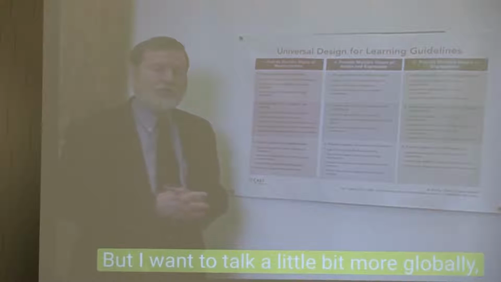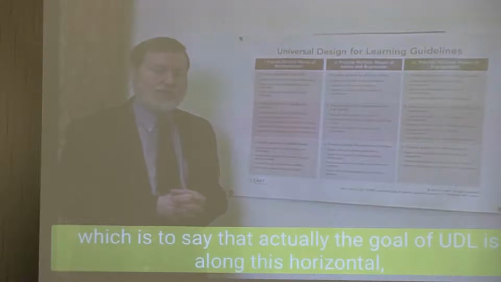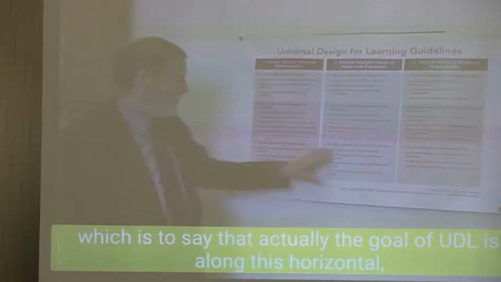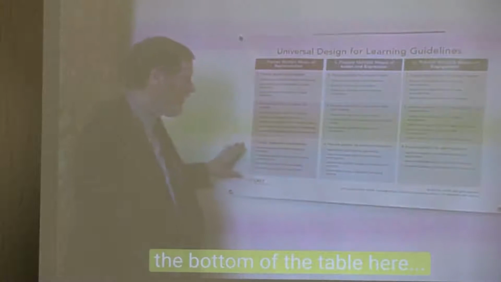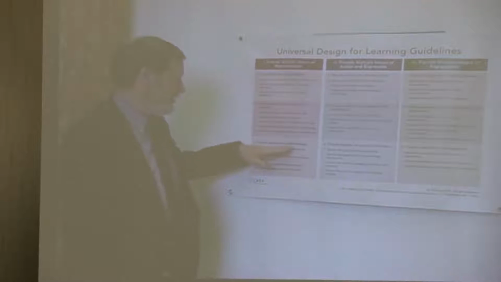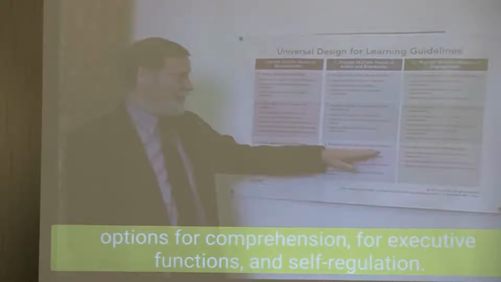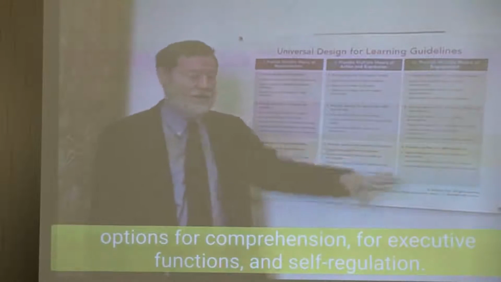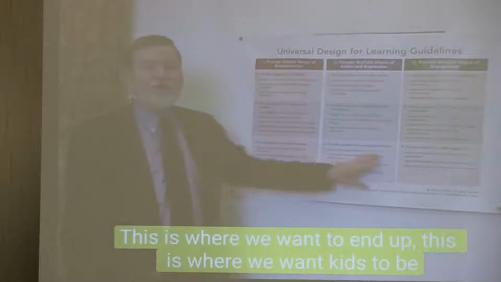But I want to talk a little bit more globally, which is to say that actually the goal of UDL is along this horizontal, the bottom of the table here. Options for comprehension, for executive functions, and self-regulation. But this is where we want to end up.